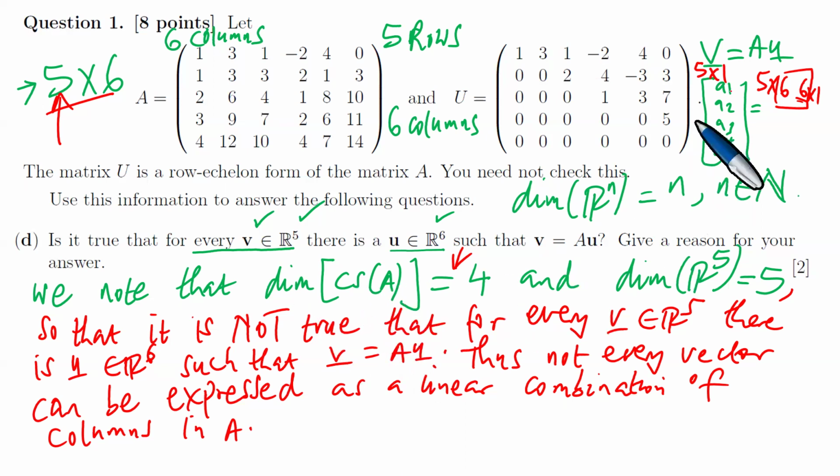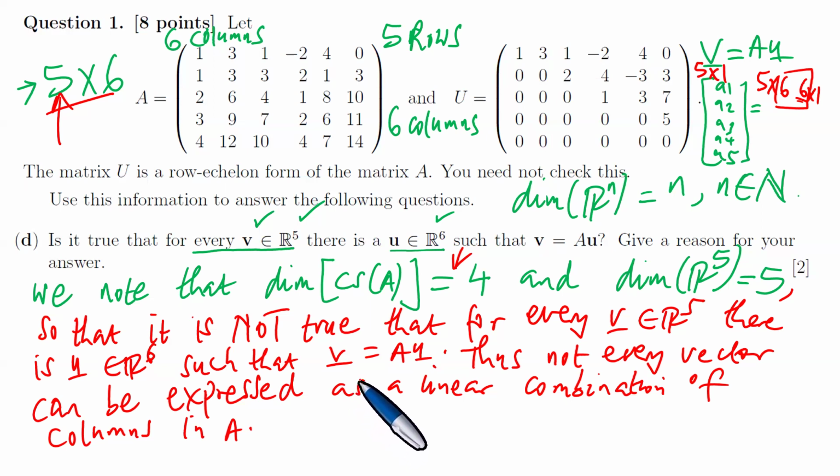Because U is a 6 by 1, taking its size from the number of the columns of A for the product to be possible. And thus, obviously, not every vector can be expressed as a linear combination of the columns in A.